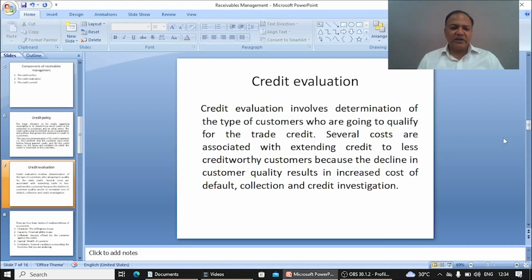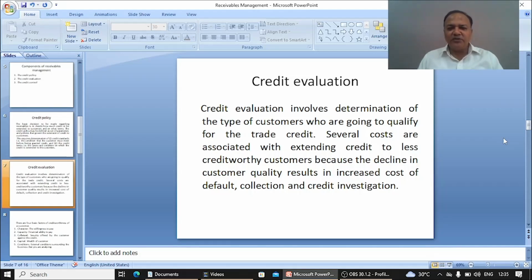The second thing is credit evaluation. Credit evaluation involves determination of the type of customers who are going to qualify for the trade credit. Several costs are associated with extending credit to less credit-worthy customers, because the decline in customer quality results in increased cost of default, collection, and credit investigation.